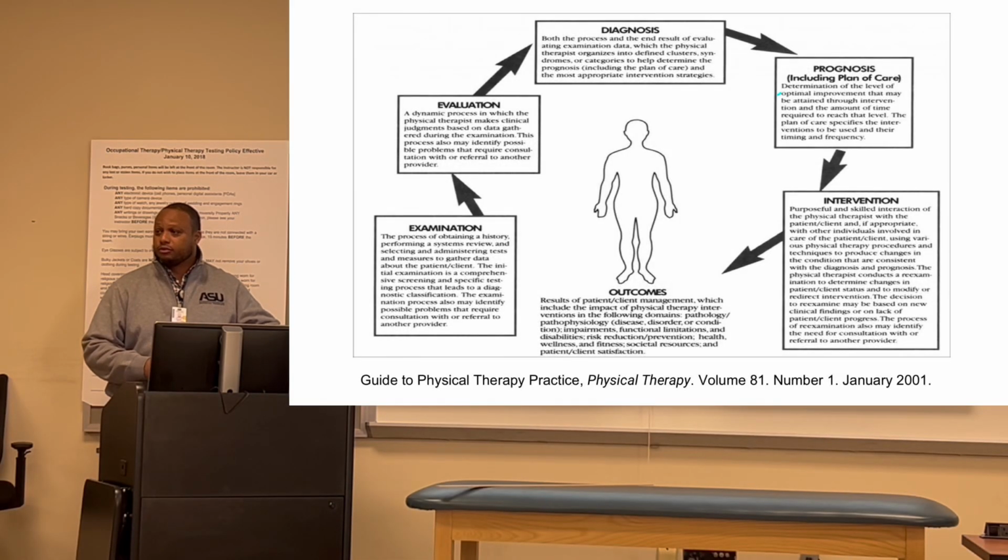Emory. Outcomes are an accumulation of everything you did, all the test measures, all the treatment from the interventions, and you're forming your outcome after your specific duration of treatments. Okay, good.